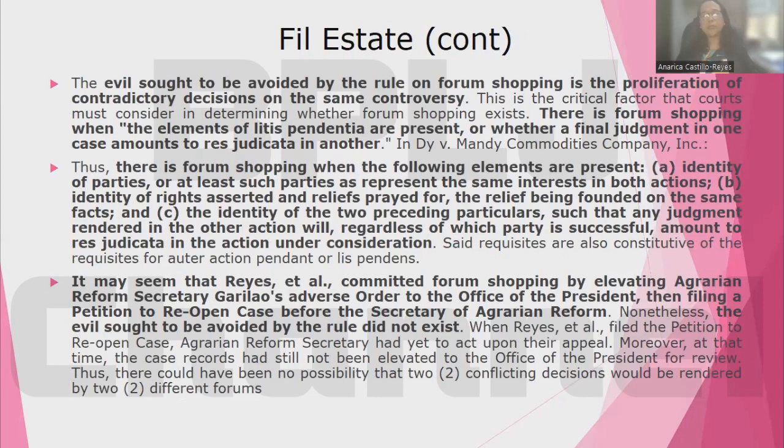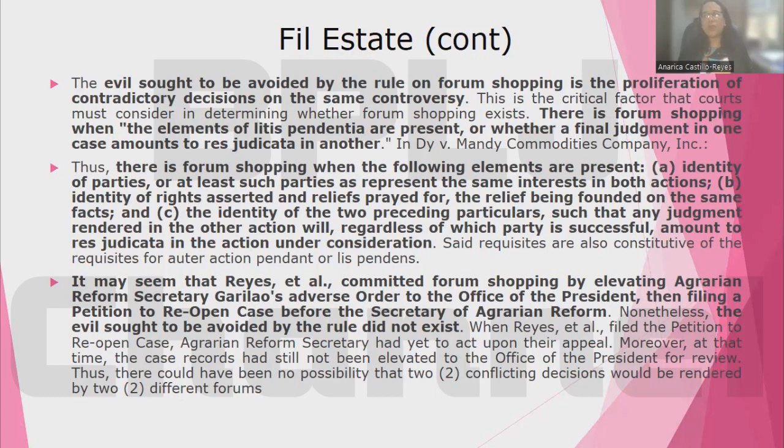So the evil sought to be avoided by the rule on forum shopping is arriving at contrary decisions on the same controversy. There is forum shopping when the elements of litis pendentia or res judicata are present.